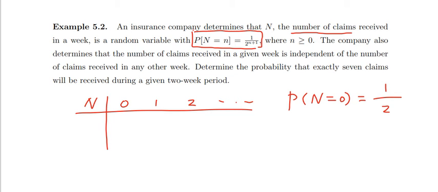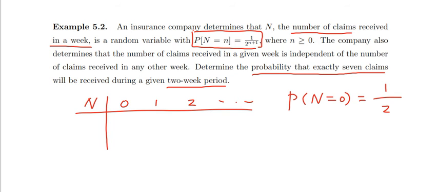Okay, so what we want to determine is the probability that exactly 7 claims will be received during the given 2-week period. So this is the probability about 1 week, right? So we want to find the probability that we have 7 claims.